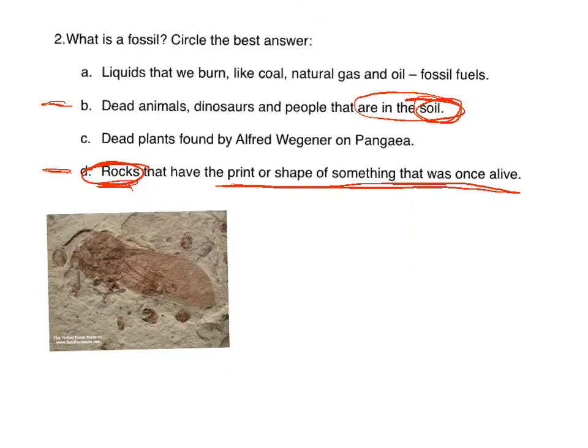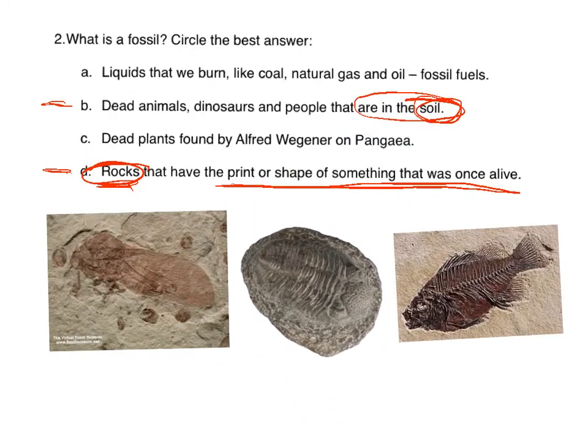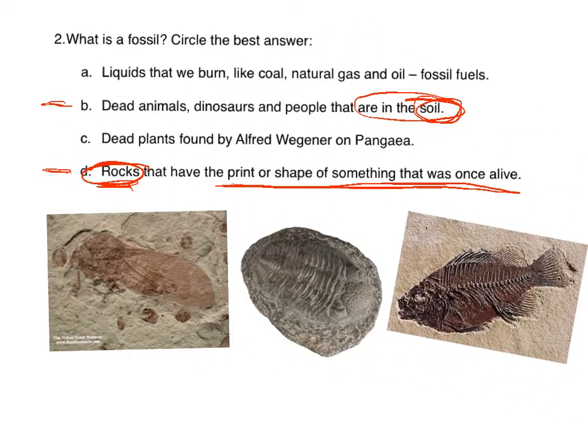A rock is a really hard substance. Sometimes it's made from mud that has become hard over time. And the rocks can withstand millions and millions of years. Okay, so we know that fossils are formed when an organism like this insect here, this organism here, or even this fish here get trapped in the mud, and then the mud turns into a rock, and then the rock keeps the shape or the print of something that was once alive, all right?